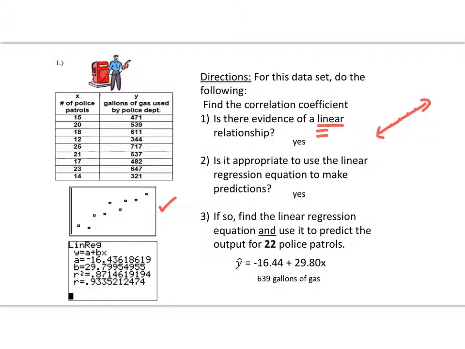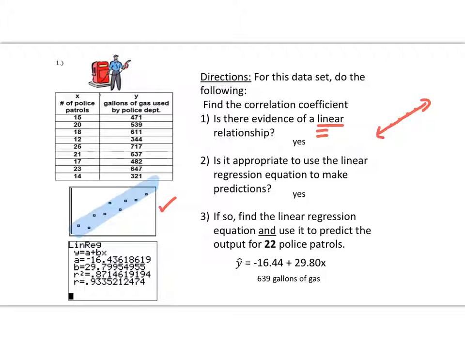If I had a marker, say a really big fat marker, the question I'm asking myself is, could I draw a straight line that would hit all or most of the dots? Yeah, I can do that. I might even use a little bit fatter marker, but I can make a straight line pattern that would encompass all or most of those dots. If I can, that is a correlation.